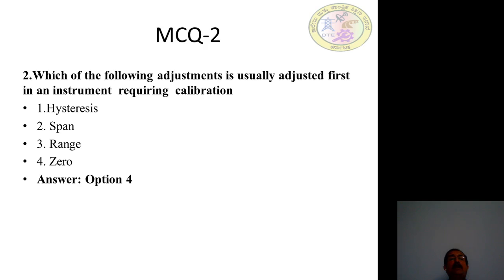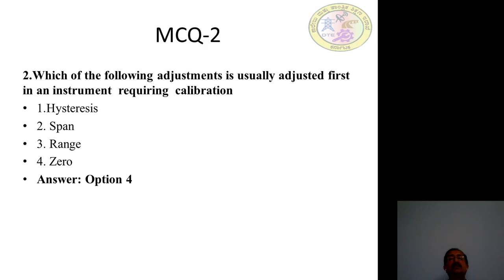Question number 2. Which of the following adjustments is usually made first in an instrument requiring calibration? For example, in your science laboratory, you might have used a vernier caliper. What is the first step while doing the measurement? First you have to set the instrument to 0. That means you bring both the jaws, movable jaw and fixed jaw, together and see the reading.